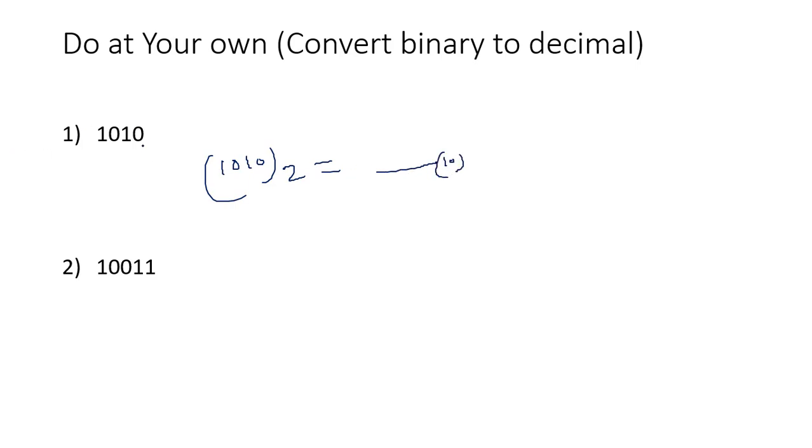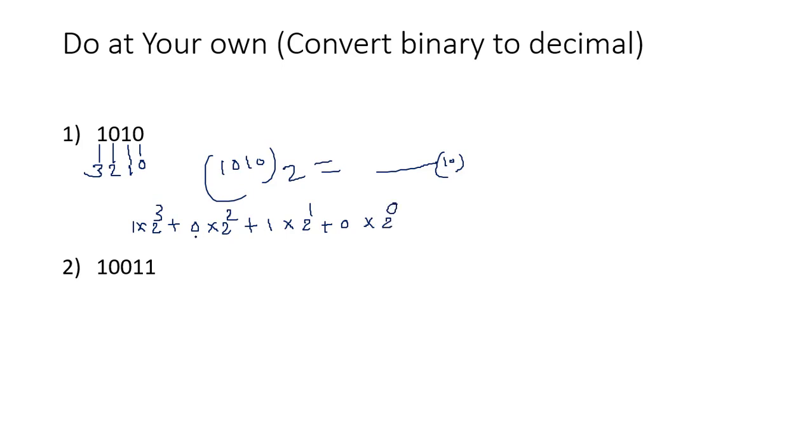What I will do is look at the position numbers. So this is position 0, this is position 1, this is position 2, this is position 3, right? And for the binary number system, what is the base, friends? The base is 2. So I will multiply 1 cross 2 raised to 3 plus 0 cross 2 raised to 2 plus 1 cross 2 raised to 1 plus 0 cross 2 raised to 0.